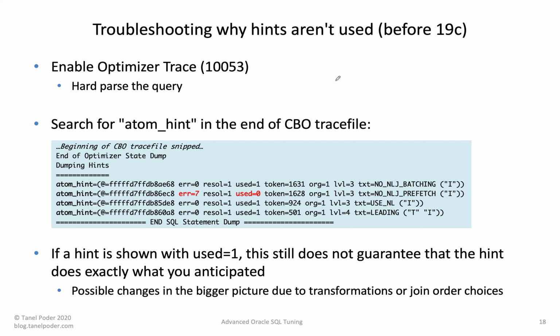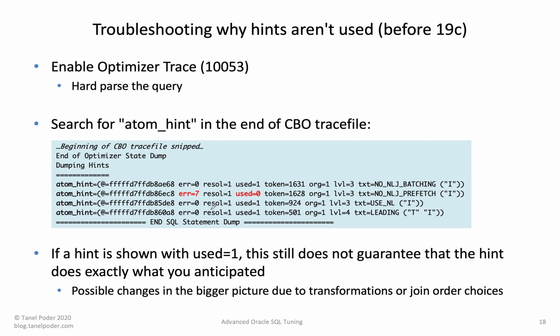But if you don't have that ability for some reason, then you can get limited info from the optimizer trace file as well. You enable optimizer trace, make sure that you hard parse the query so that the optimizer actually kicks in, and at the end of the trace file you will get this. But this is very limited.